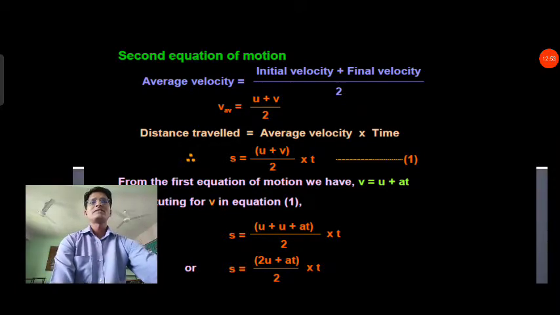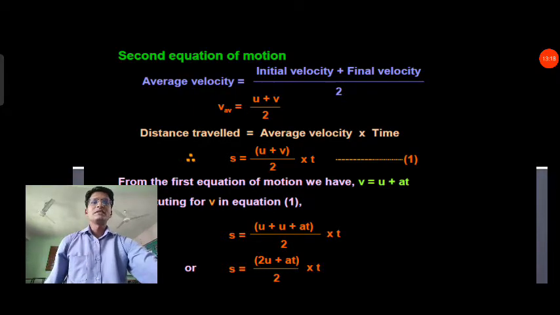So average velocity is initial velocity plus final velocity divided by 2. Therefore v average is equal to u plus v divided by 2, and distance travelled is equal to average velocity into time, or simply you can mention average velocity into time is equal to distance travelled.